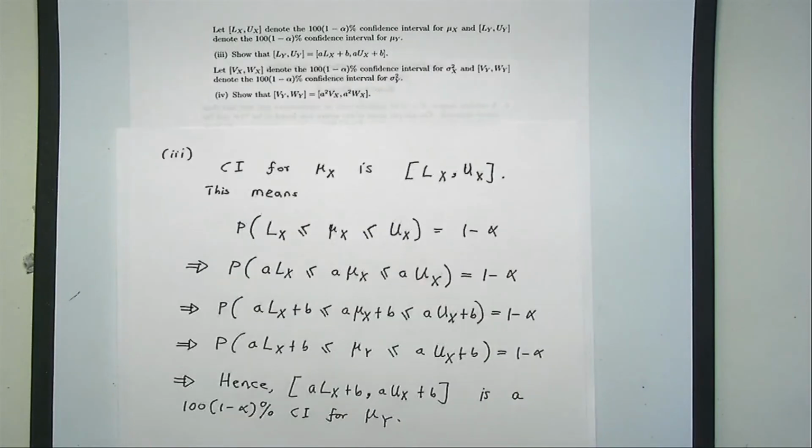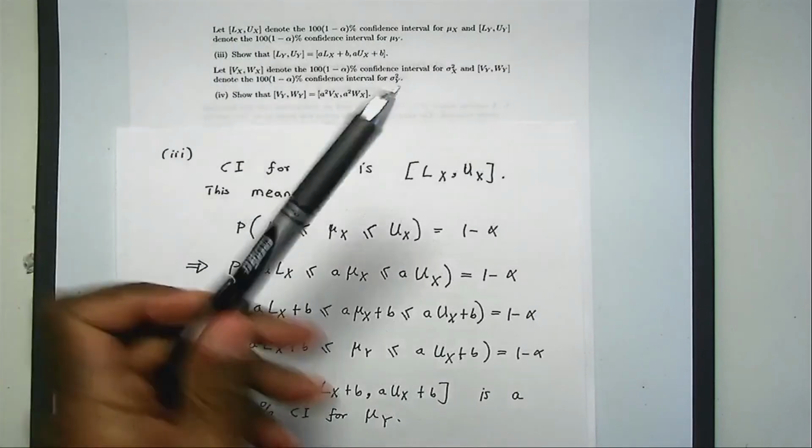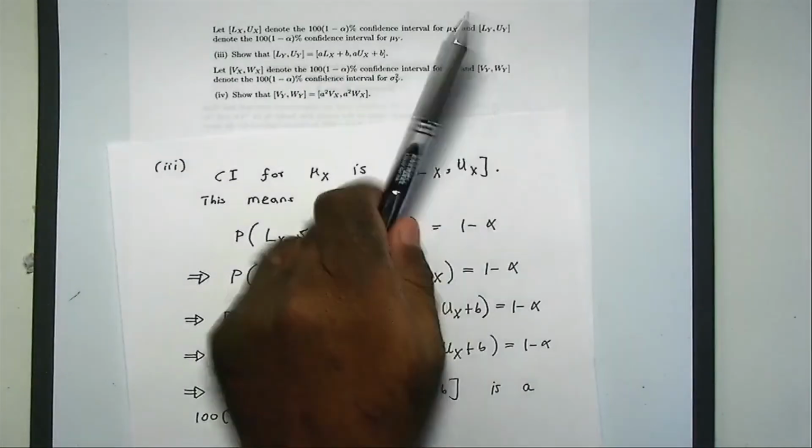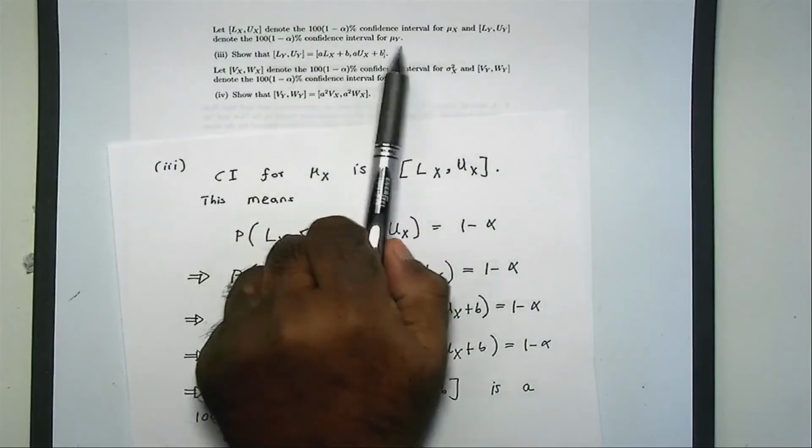But we are told at the beginning of the question that this is a confidence interval for mu y.